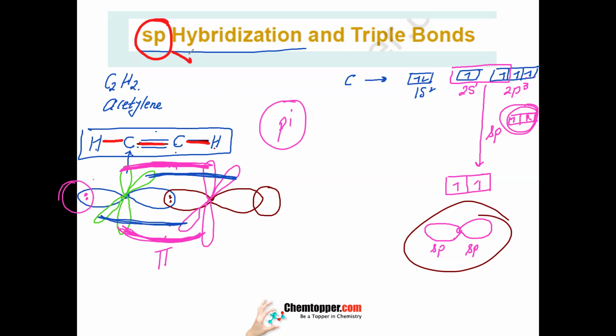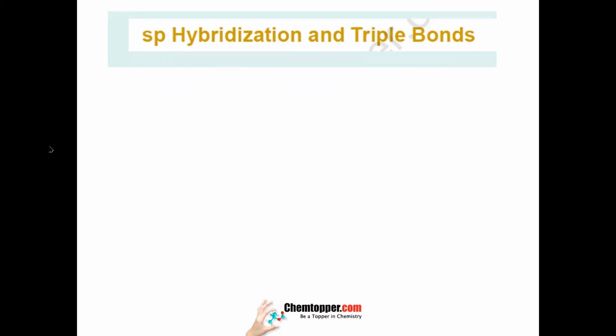sp means two groups, means linear. So your number of groups will tell you the hybridization. Groups means lone pairs and atoms around the central atom. If groups are 2, hybridization is sp.